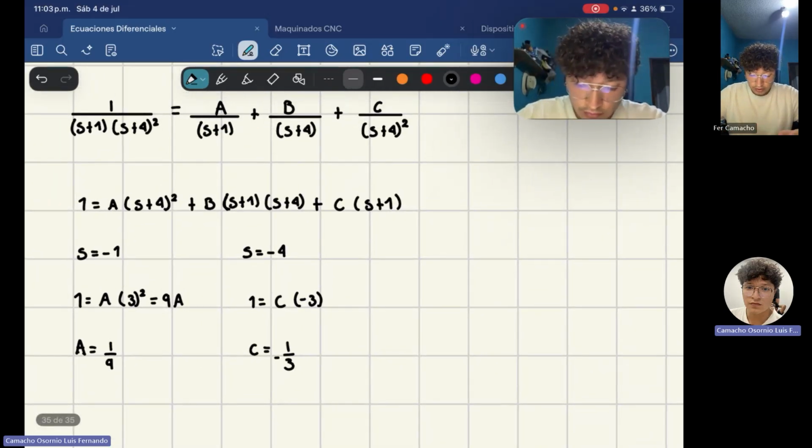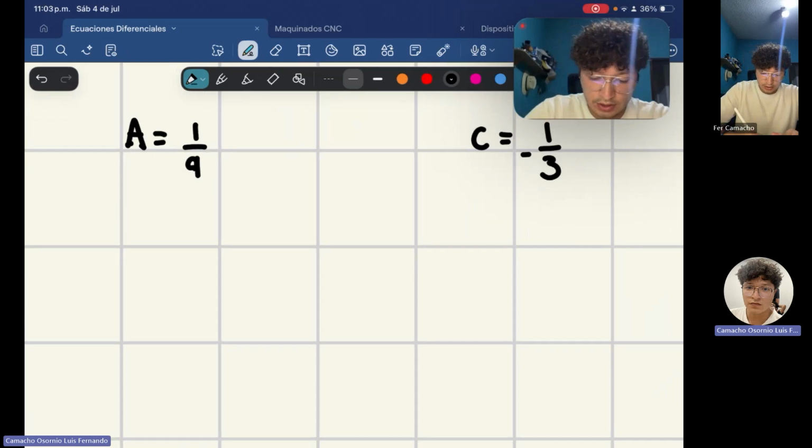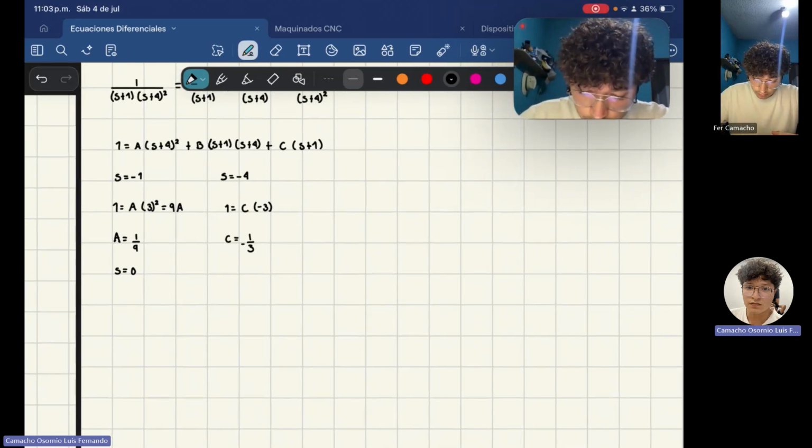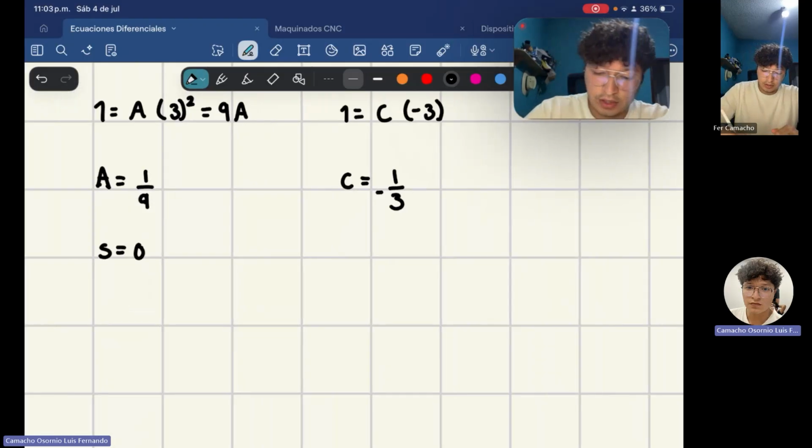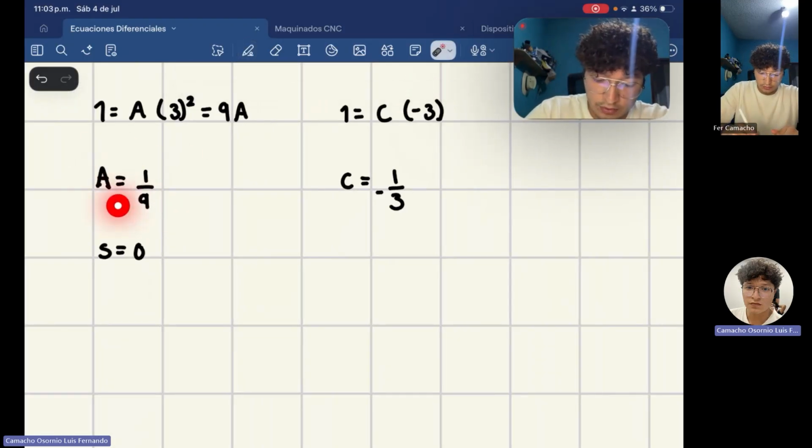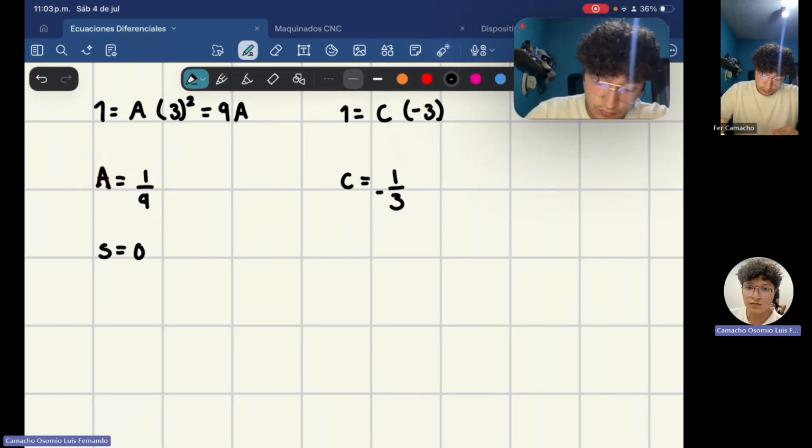And for B, we can apply s equal to 0 and apply the other values that we have of A and C. So we substitute all of that.